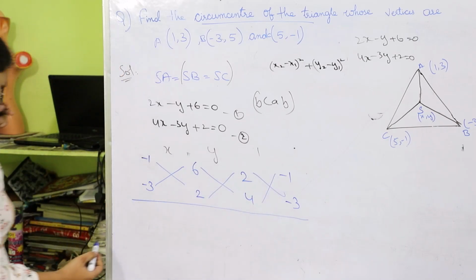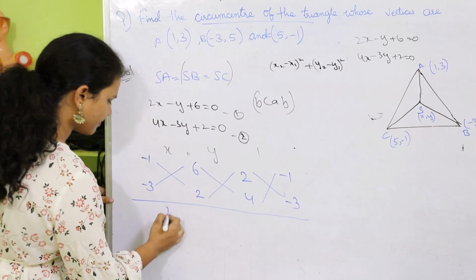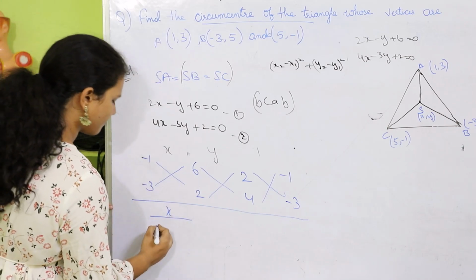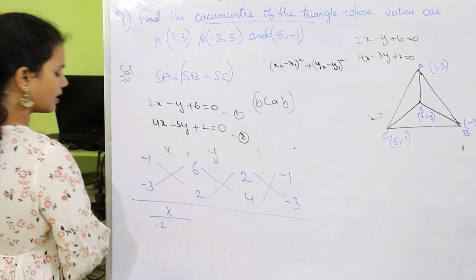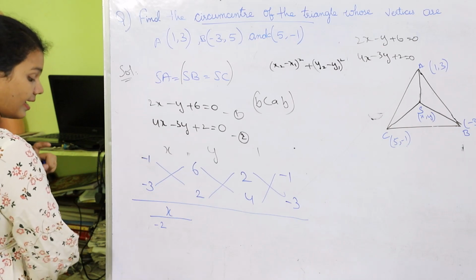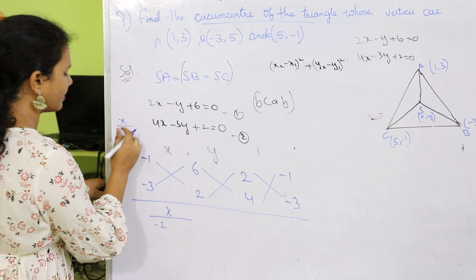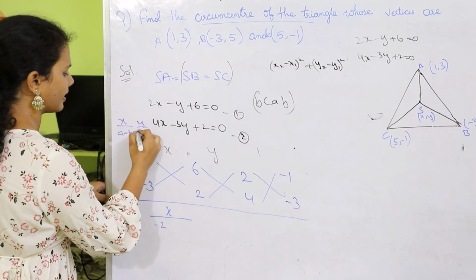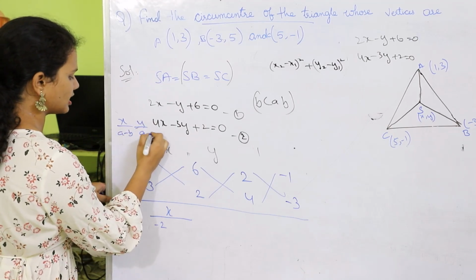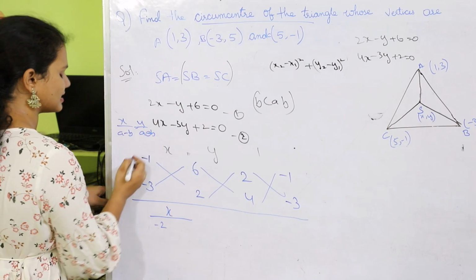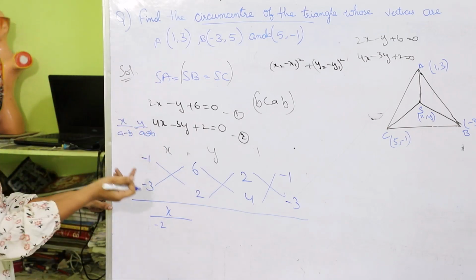Now just cross multiply this. Here cross multiplication is nothing but x by minus 2... x by a minus b, or y by, this is equal to y by a minus b, where the minus symbol is necessary. We usually keep the minus symbol.